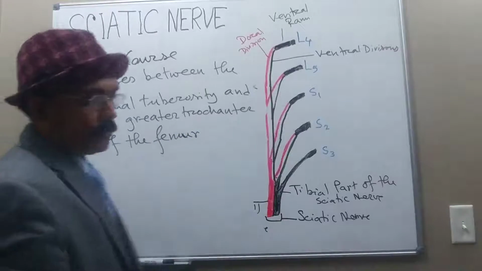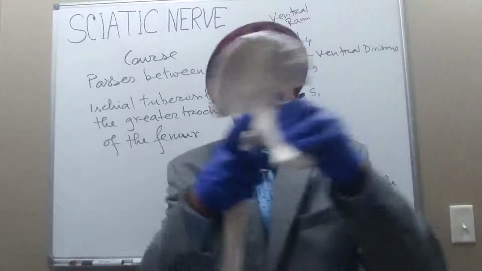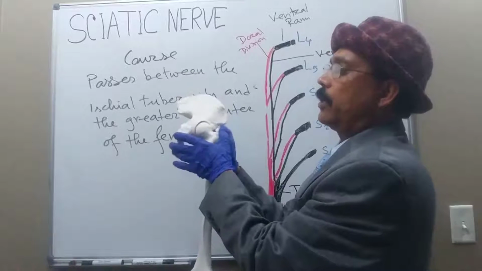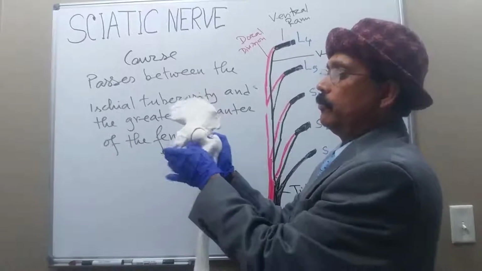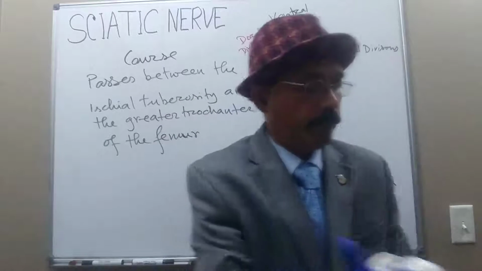So it passes between the ischial tuberosity, this is the ischial tuberosity, and this is the greater trochanter, in between. Then it passes between the ischial tuberosity and greater trochanter.